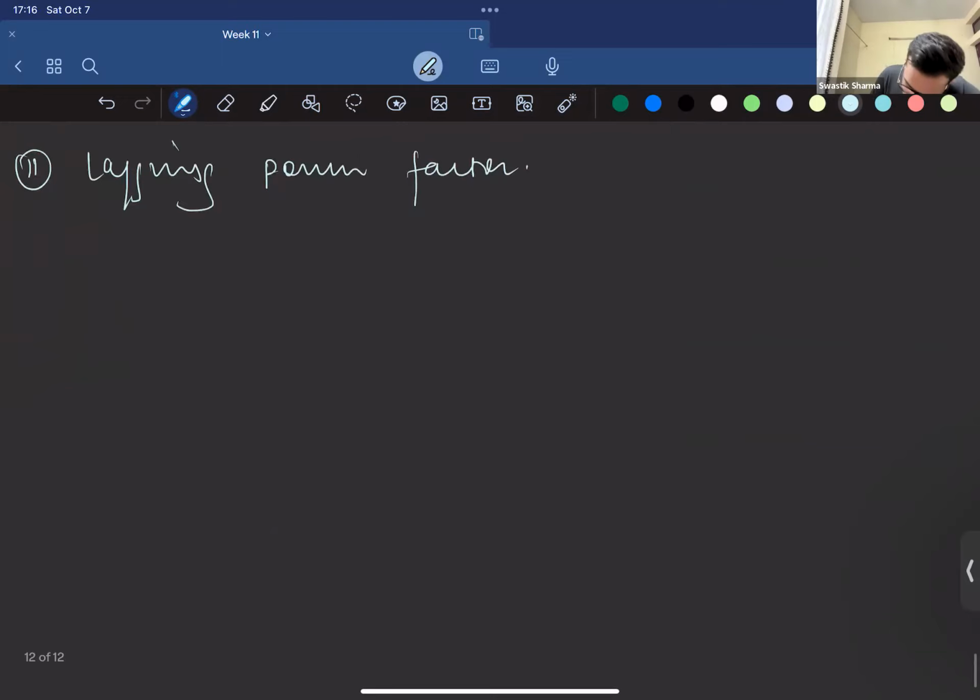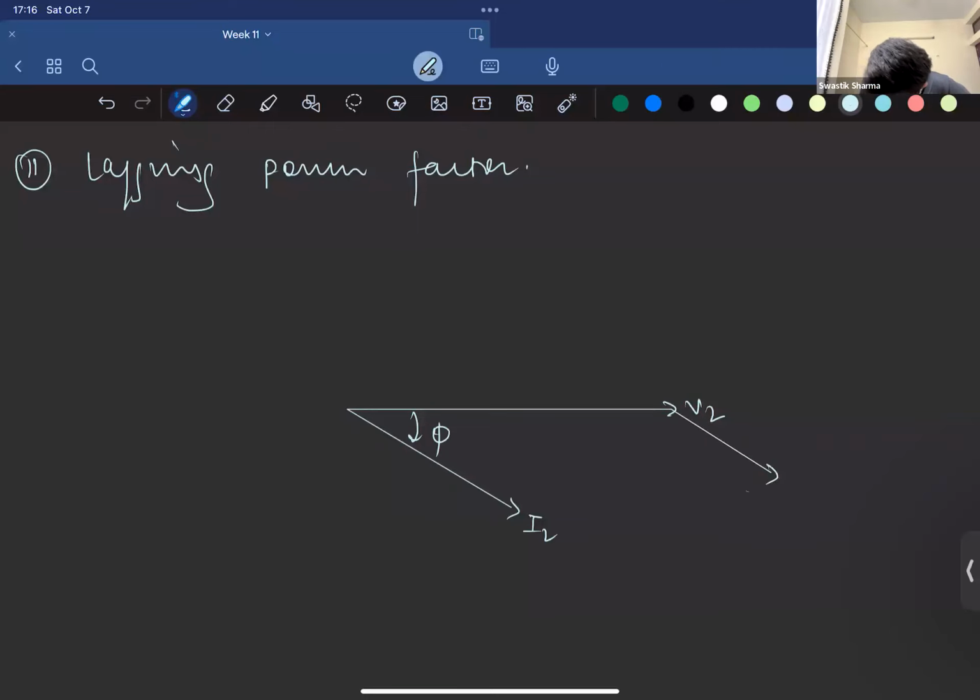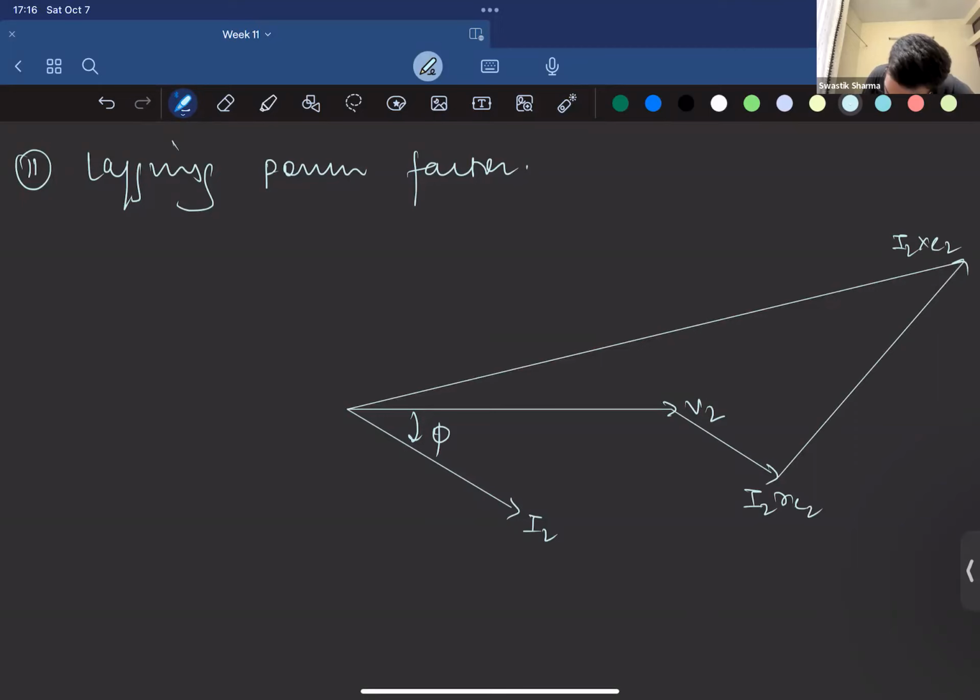So if there is a lagging power factor load, again take V2 as reference. I2 lags by some phi, right? So this is I2 RE2, this is I2 XE2, and this is E2.